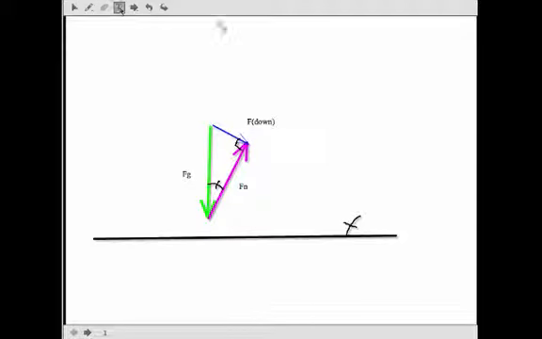So I can say, okay, sine of theta is equal to opposite over hypotenuse. Well, in this case, opposite is the blue line. So sine theta is equal to the blue line divided by the hypotenuse, which is the green line. If you look at this triangle, you just tilt your head a little bit, you can see this is the hypotenuse.